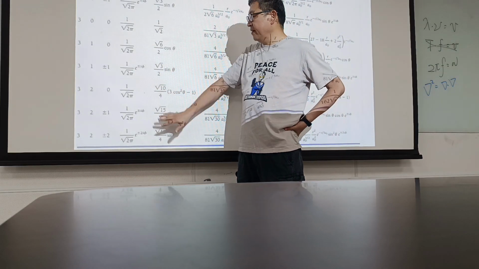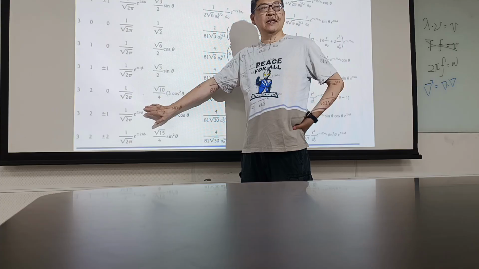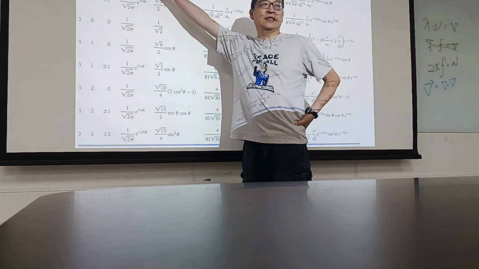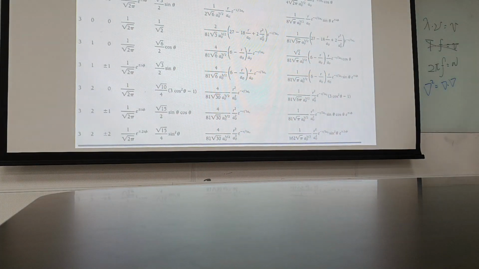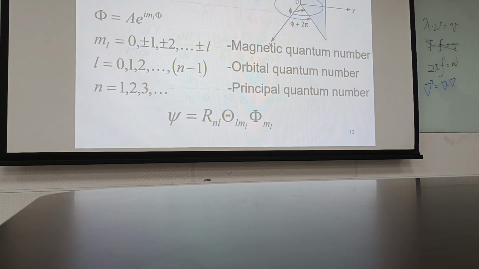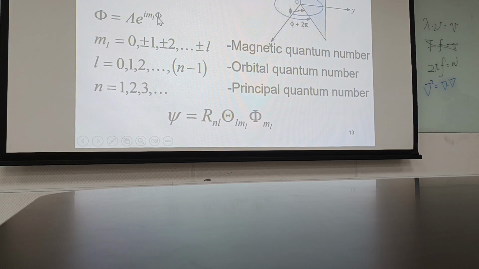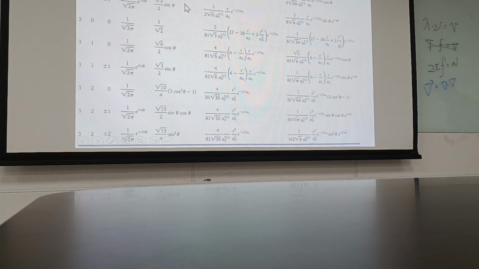So this is the solution, e to the i ML phi. ML equal to 1, then 1 phi. ML equal to 2, then 2 phi.